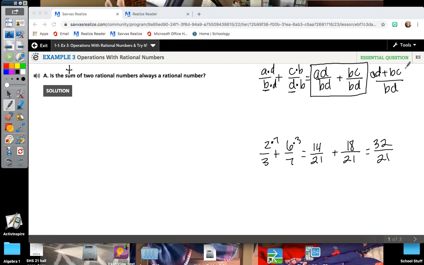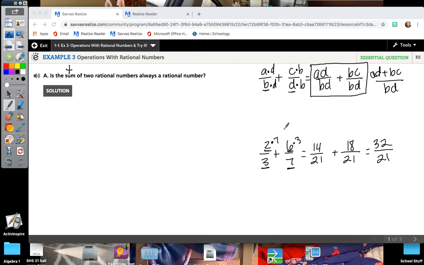But how does that help us determine if that rational still stayed rational with all of these letters? When we're looking at rational numbers, we always want to look at them in terms of fractions, but also within that fraction, we want to look at integers. Just like these down here: 2 is an integer, 3 is an integer, 6 is an integer, 7 is an integer.